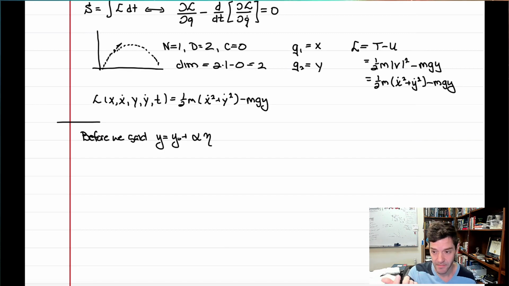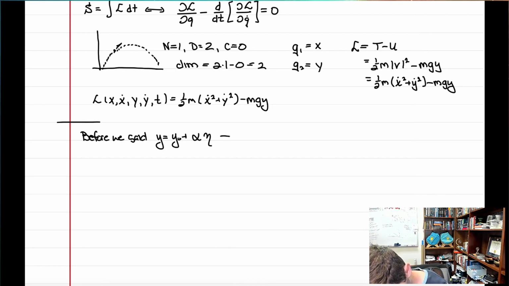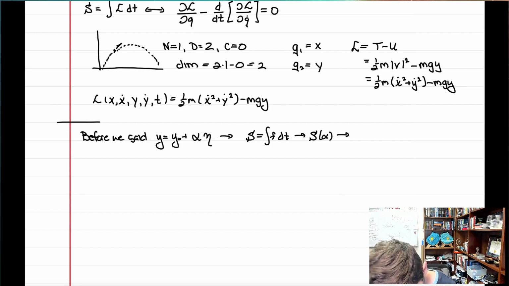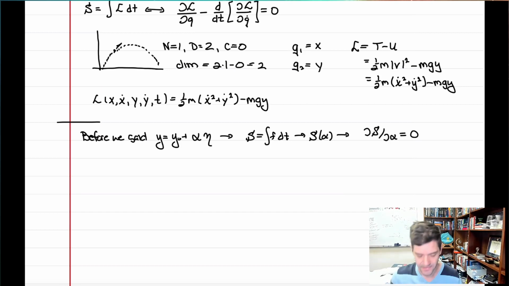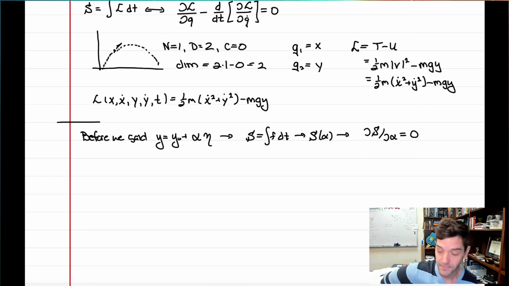And we did an optimization integral. This became the action, which was originally just an integral over f. S then became a function of alpha. And we found where dS d alpha equals 0 and used that to figure out the optimal path. That is what we did for one dimension.